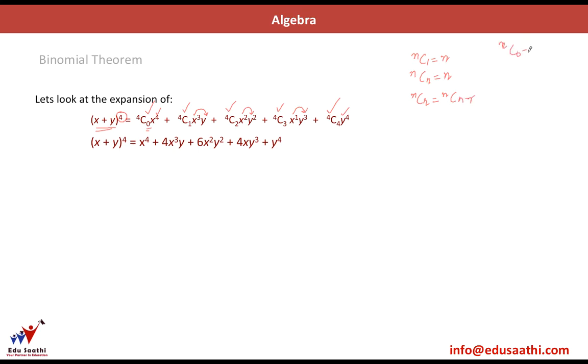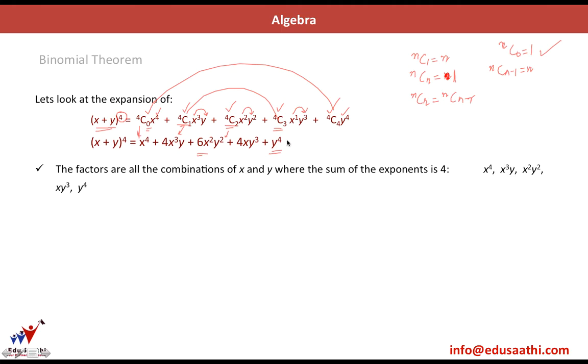Also, NC0 is 1, if you remember this thing, and NCn is also 1. NC(n minus 1) is equal to n. So if I just put back the values, 4C0 would be 1, 4C1 would be 4, 4C2 I solve it out, it is 6, 4C3 will be equal to 4C1 and 4C4 will be equal to 4C0. So it will be 4, and then y raised to power 4 that you will have.